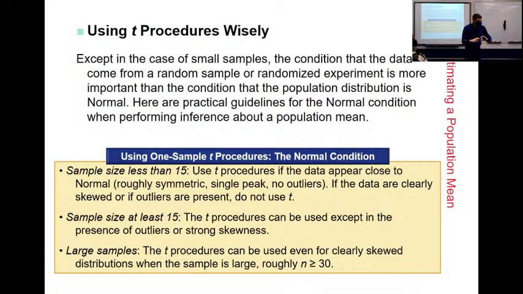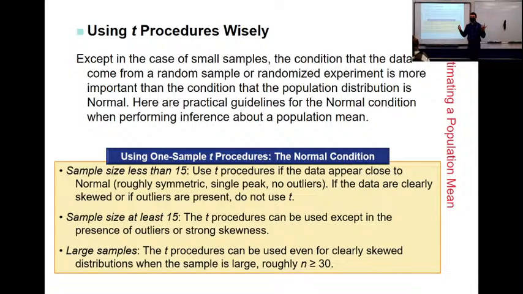If we have a small sample size, less than 15, then the opposite is true. We're going to say our normal condition is violated unless we see some very clear indication that it is normal. In other words, it looks really close to a normal distribution. So that's what we're going to use for the normal condition.